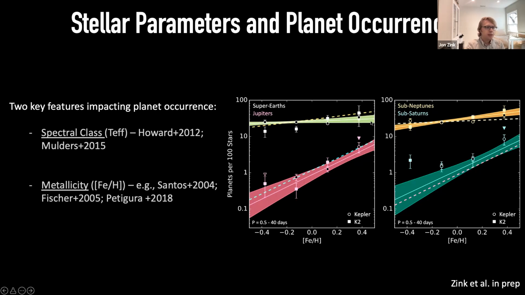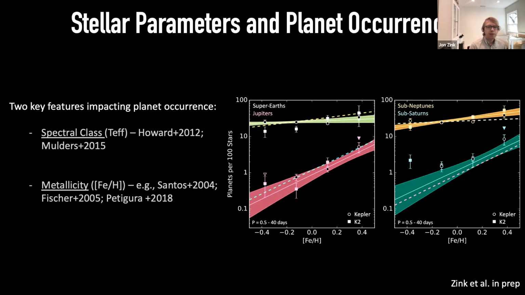But it seems that metallicity may not be the dictator for the super Earths and sub-Neptunes that it is for these gaseous giants. There's a lot in here, and I'm not sure we have a good handle yet on why that might be.